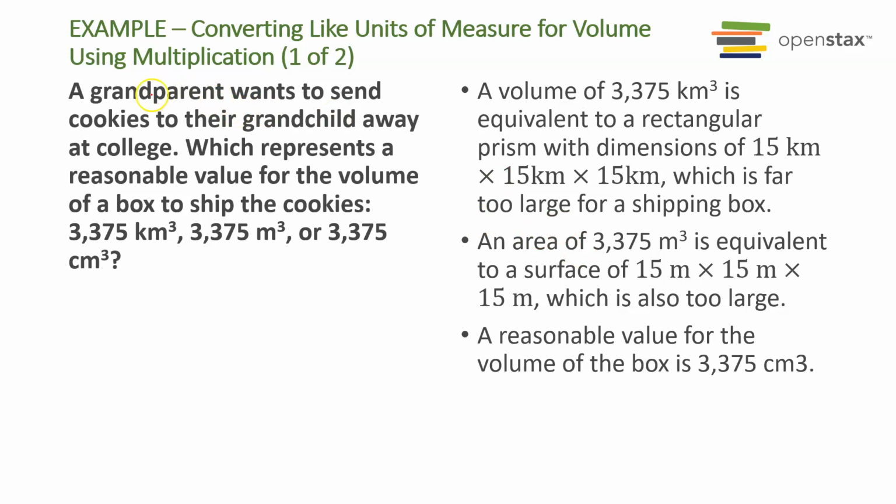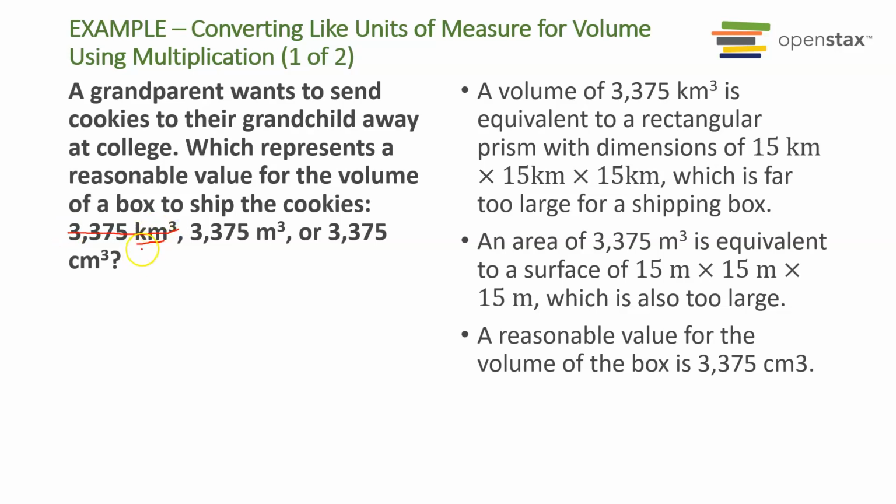So let's look at this example. A grandparent wants to send cookies to their grandchild away at college. Which represents a reasonable value for the volume of a box to ship the cookies? Would it be kilometers cubed, meters cubed, or centimeters cubed? Now remember, 1 kilometer is on the same scale as a mile, so 1 mile is 1.6 kilometers. So that's way too much.